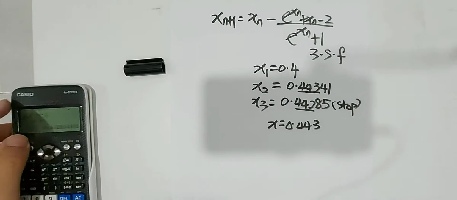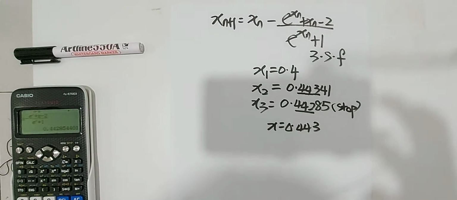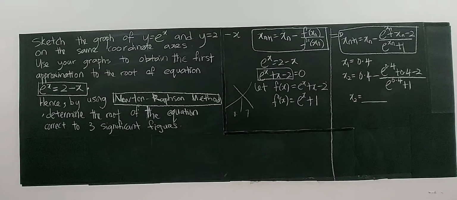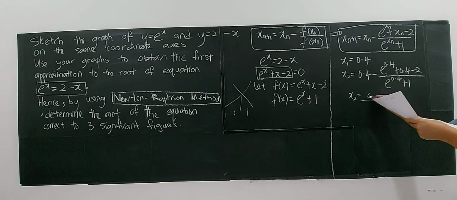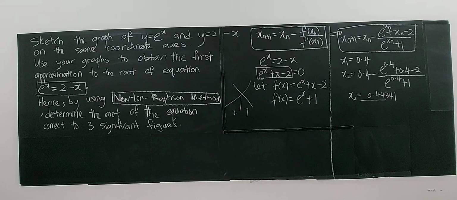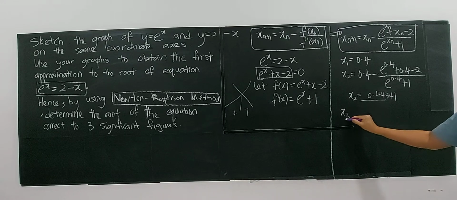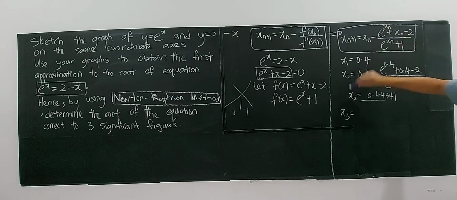So very simple, right? Let's go back to how to write the steps. Now you have your x2, which is 0.44341. Now go for x3, as you need to put the value of x2 into the iteration formula to get x3.